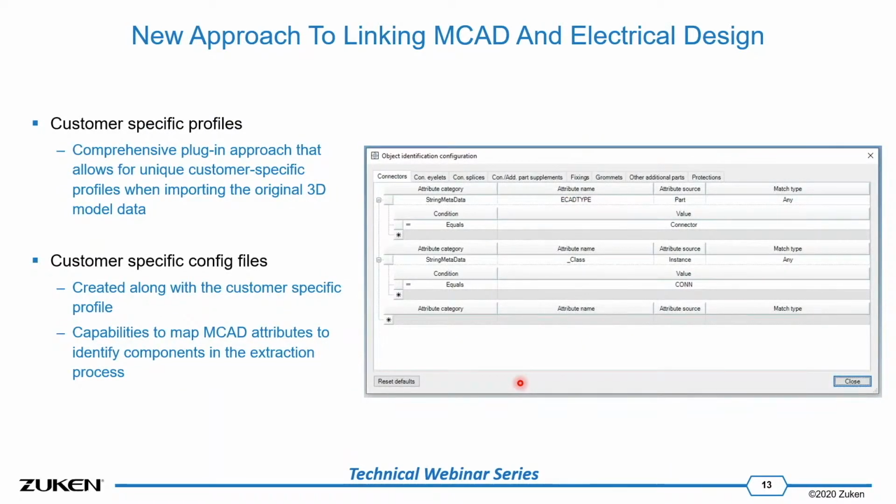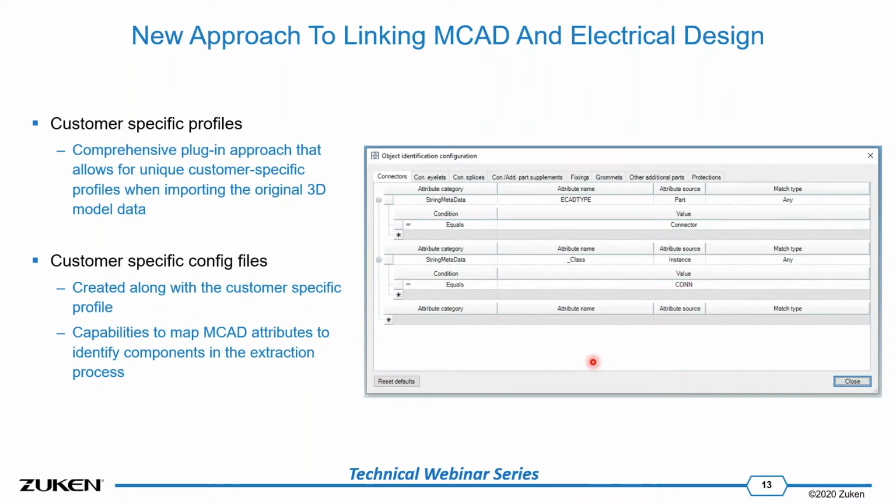Every engineer or company has certain different approaches to design or design specifications when creating these 3D models, and therefore it's difficult to have a general approach for the extraction process. To react to that and accept this wide variety of requirements when obtaining information from your original 3D models, E3 3D Transformer allows customer-specific profiles and config files.